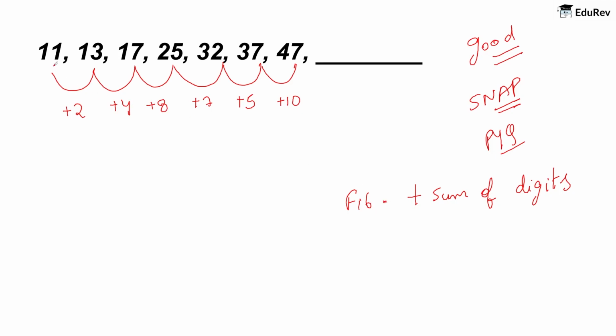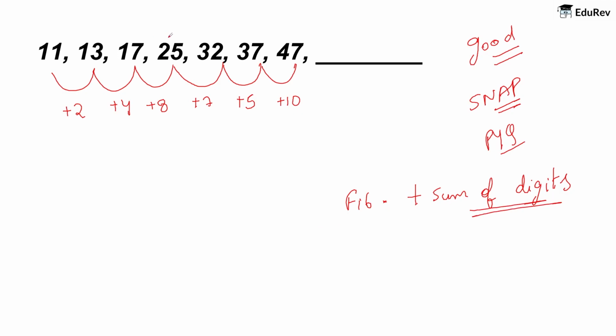So in this particular series, you can see there's no particular pattern in the addition factor. And it is also not Fibonacci because clearly 11 plus 13 is not 17. The numbers are close to one another. They are not so different from one another. So it is not alone Fibonacci, but some sort of Fibonacci which also involves the concept of sum of digits.